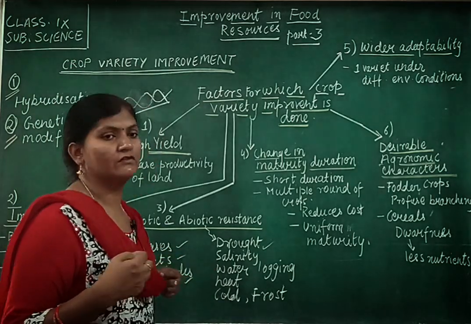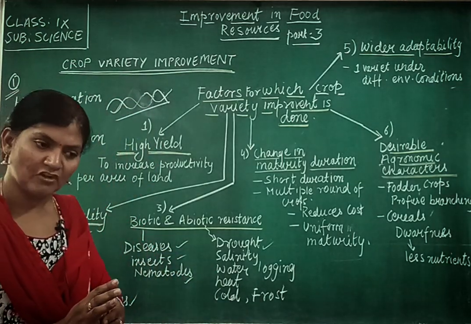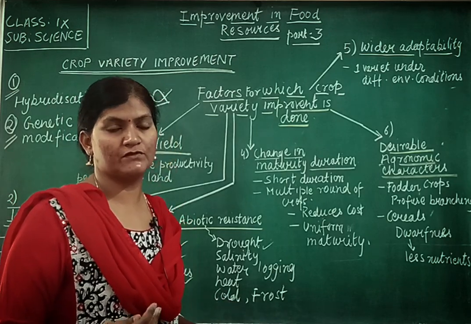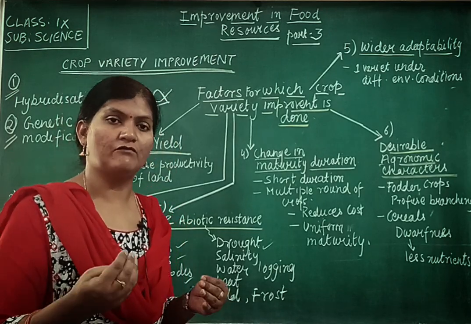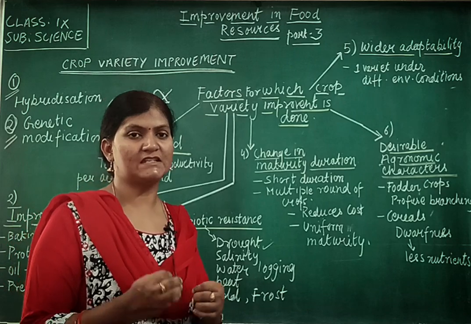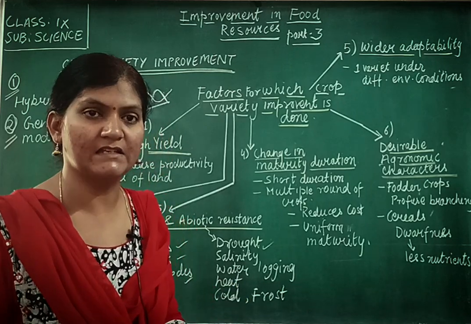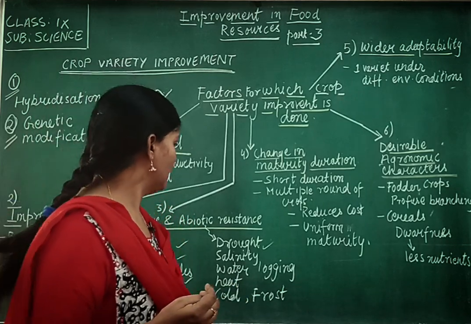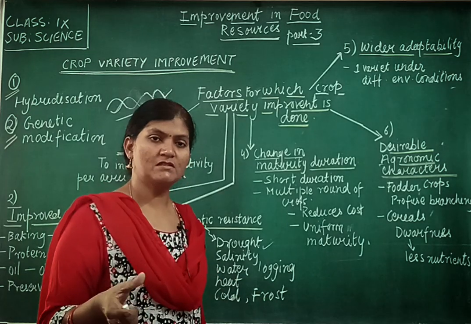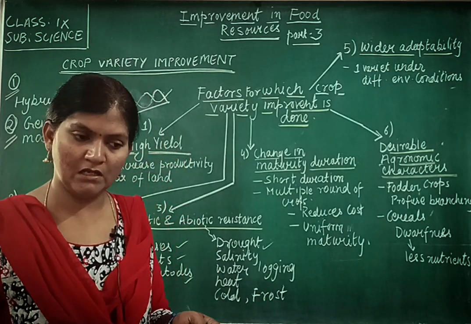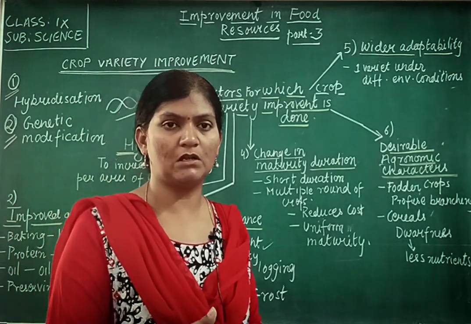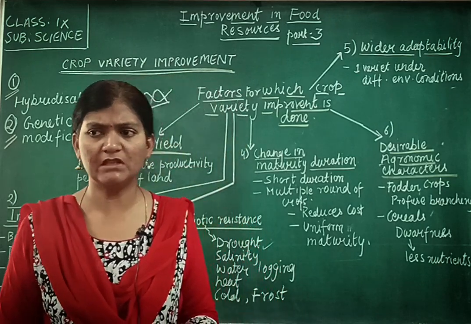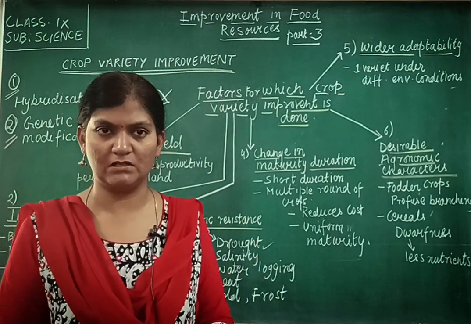Similarly, if the field has a high amount of salt, then also we want that type of crop that can withstand high salinity. Then if water remains at a particular area for a certain period of time, that is termed as waterlogging.